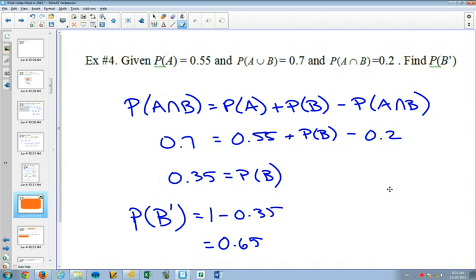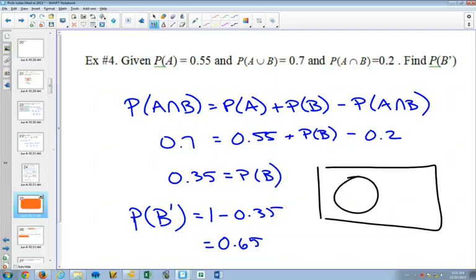Anyone solve this with a Venn diagram? Putting values into here, you knew the probability of A and B was 0.2. Then the probability of A is 0.55, leaving you with 0.35 here. And since the probability of A or B was 0.7, that would leave you with 0.55 here and 0.15 left in here.